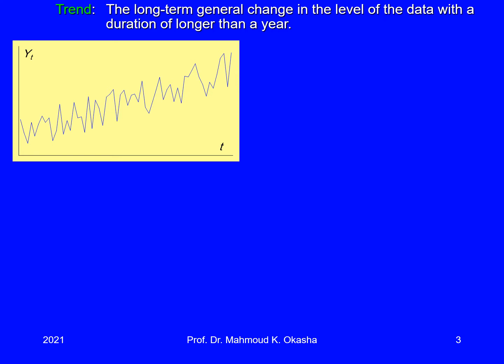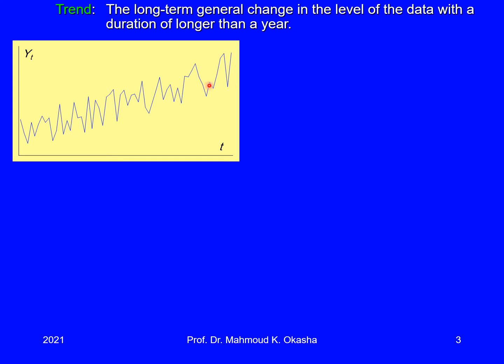There is some like this series. This one, there is a trend here, upward, like a straight line here. This is upward. So this trend is from the first point here to this last point.